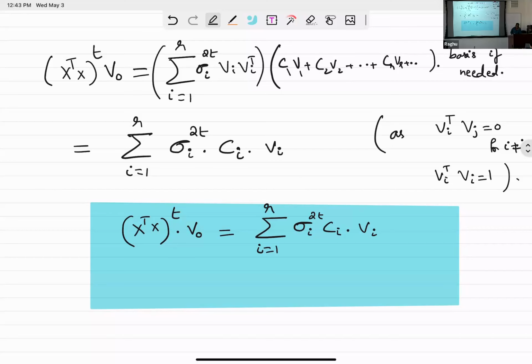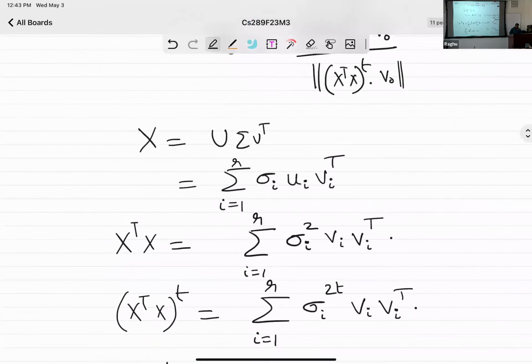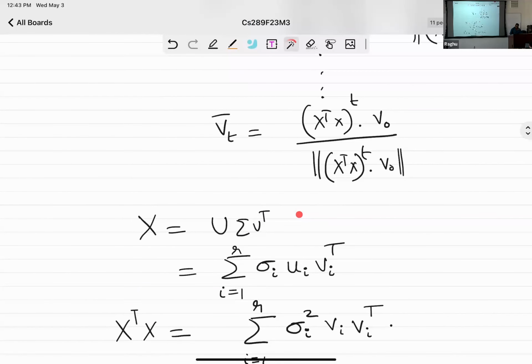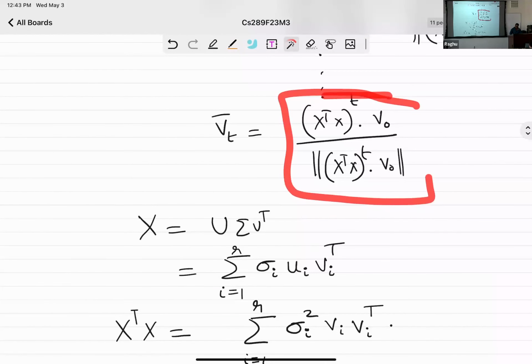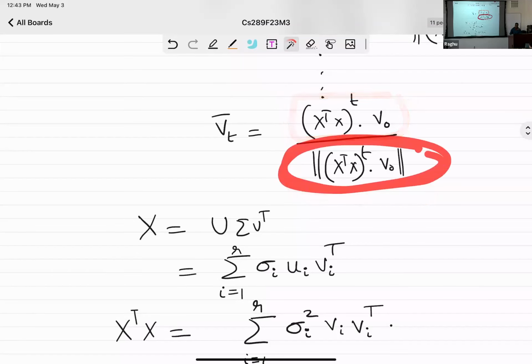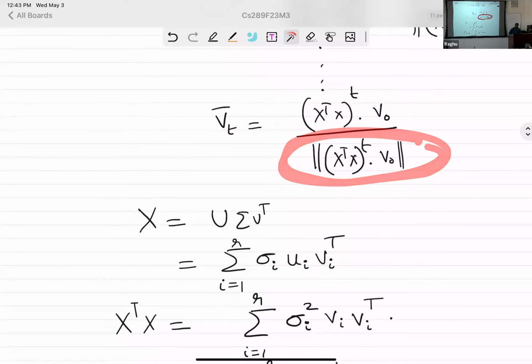And what are we interested in? We are interested in this vector, right? So the numerator is what we already have, and then we have to understand the denominator.